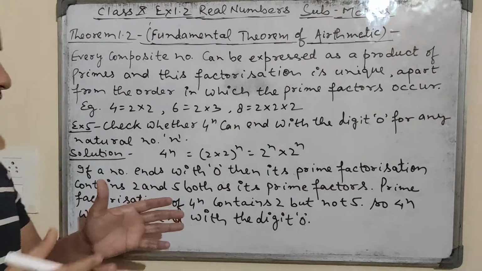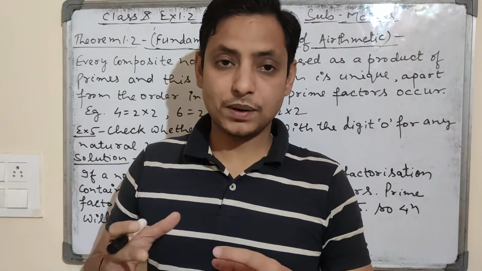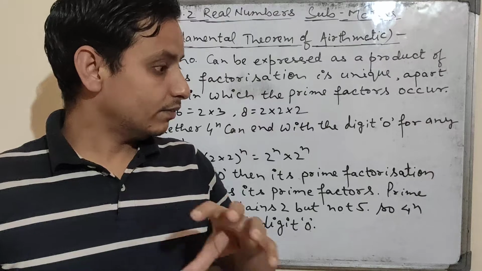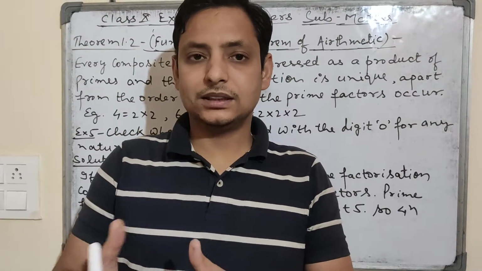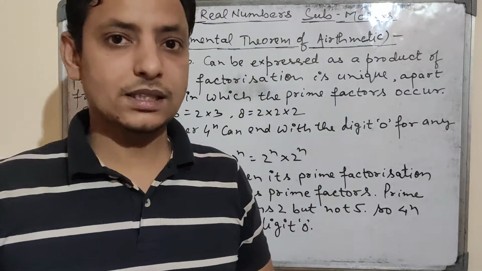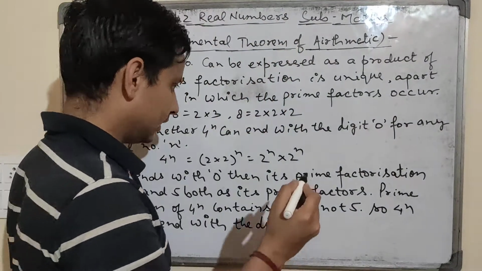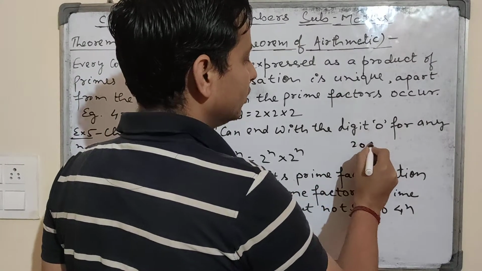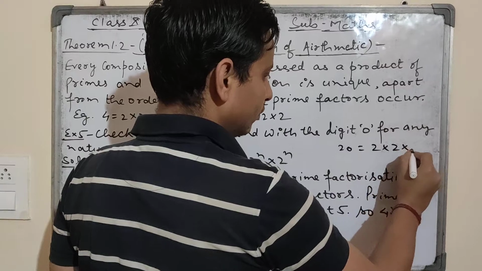So students, if a number ends with digit 0, and we do the prime factorization of this number, then it must contain 2 and 5 both in its prime factors, and then it will end with 0. Just like 20 ends with 0, and we have 2 into 2 into 5.